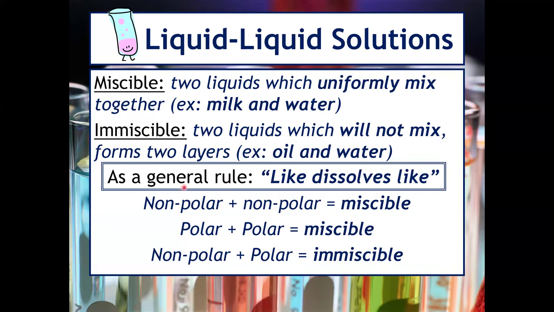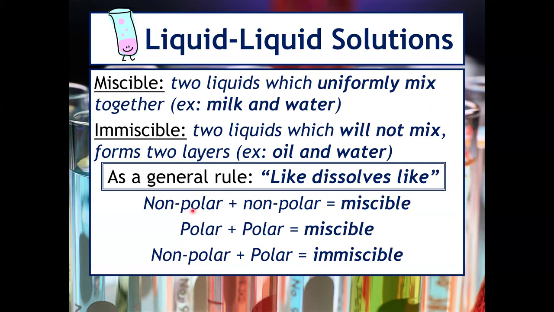As a general rule in chemistry, we can say that like dissolves like. This is referring to the intermolecular forces of the two things that we're trying to either mix or dissolve. Nonpolar with nonpolar things will mix together, so they will be miscible.